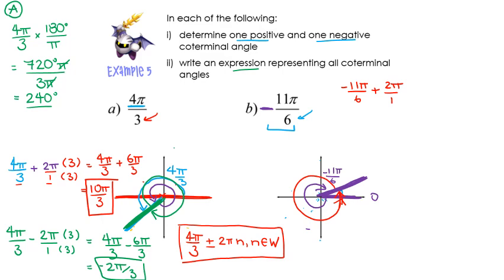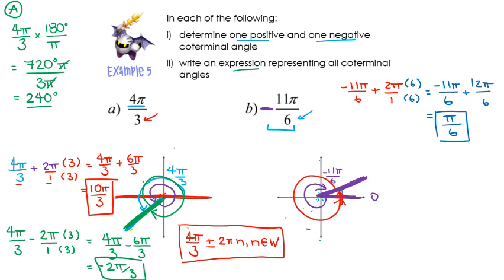I'll need a common denominator. In this case, it's going to be 6, so I'll multiply the 2 pi over 1 on top and bottom by 6, which gives me negative 11 pi over 6 plus 12 pi over 6, which results in a positive coterminal angle of pi divided by 6.